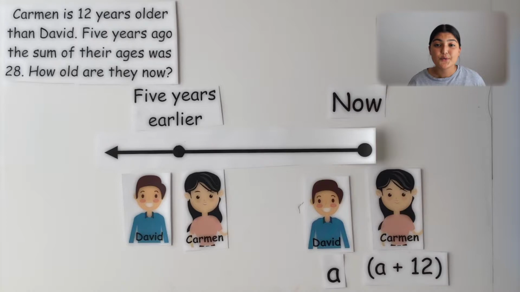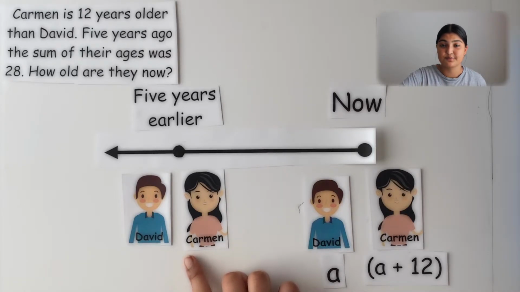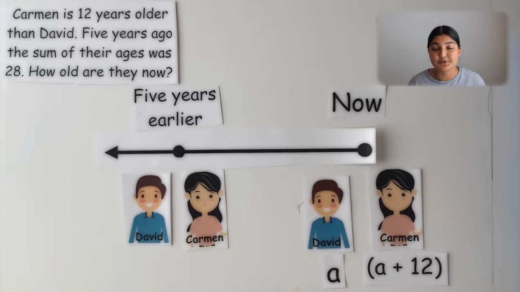So, what were David and Carmen's ages 5 years earlier? Well, we know their ages now. So to find their ages 5 years earlier, all we have to do is subtract 5.